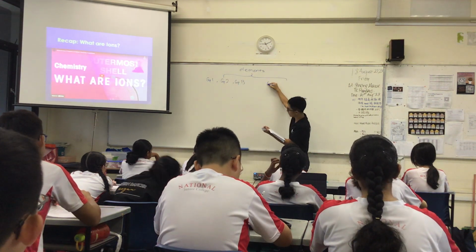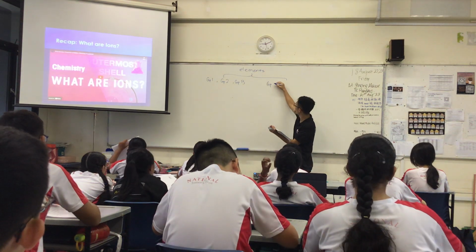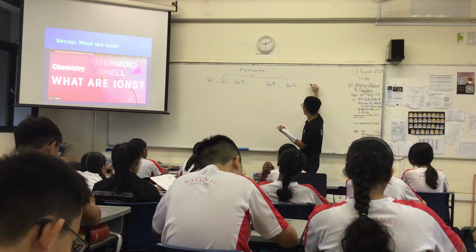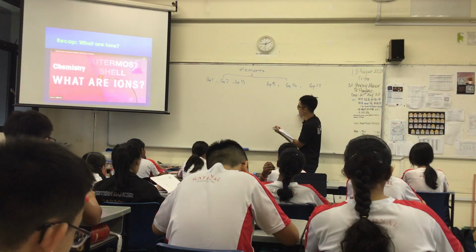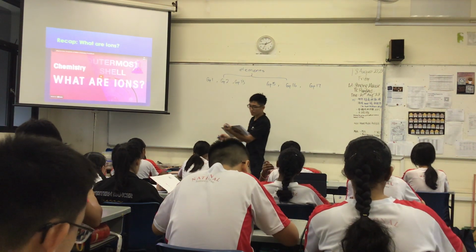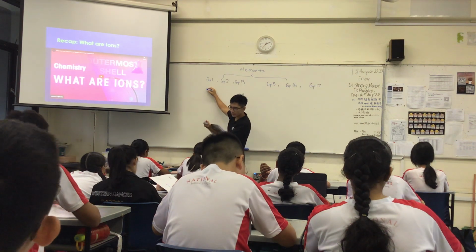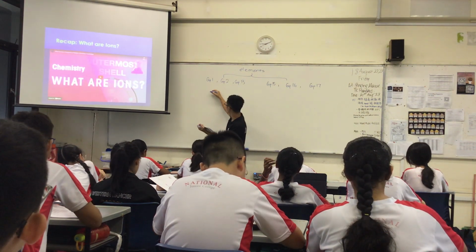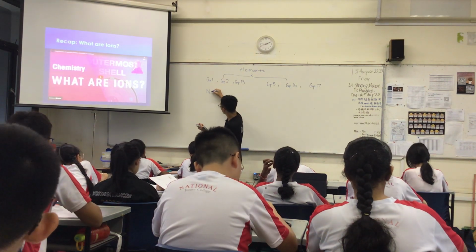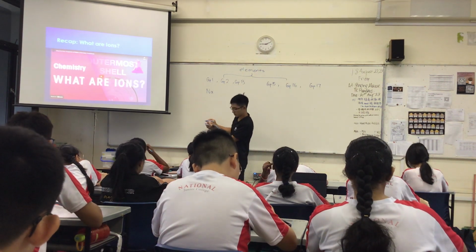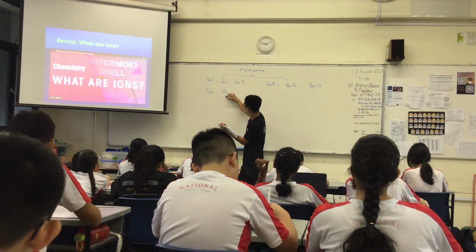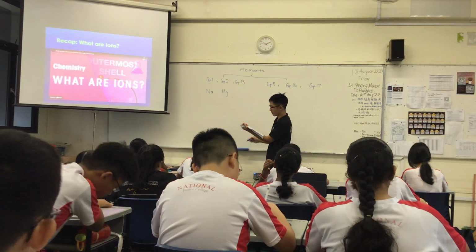Then we also have elements in group 15, group 16, and group 17. Here are some examples of these elements. Let's say we look at sodium. Then let's say we look at magnesium. And then aluminium.